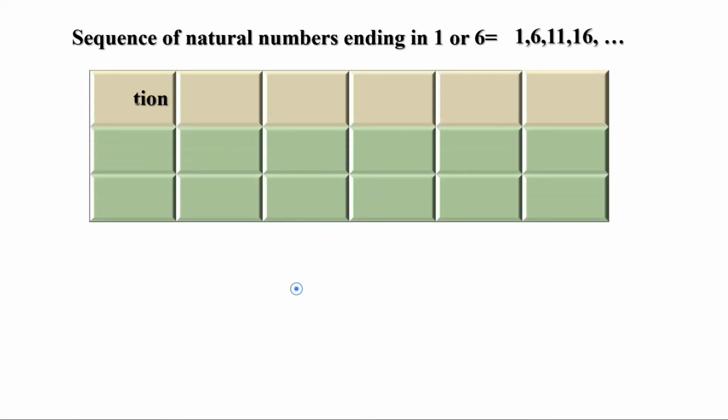Now let us find the sequence of natural numbers ending in 1 or 6. We have seen this sequence also, that is 1, 6, 11, 16, etc. Now let us write the position and term. First term is 1, second term is 6, third term is 11, fourth term is 16, and so on.